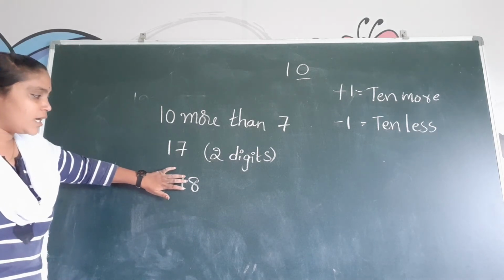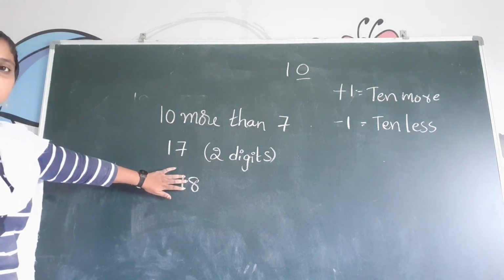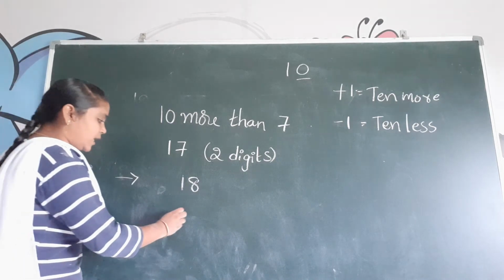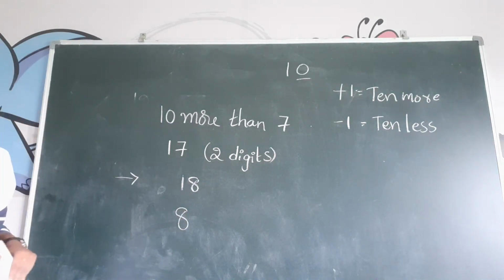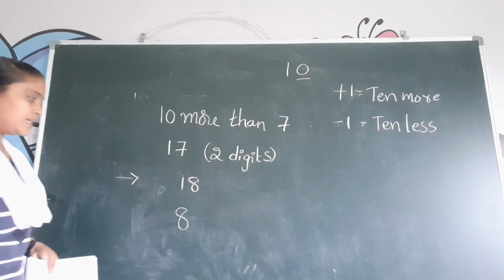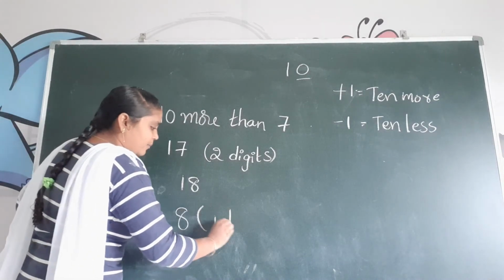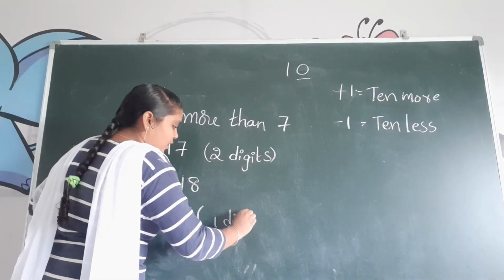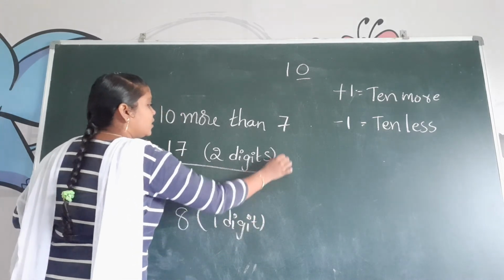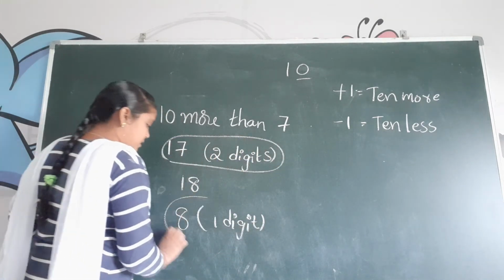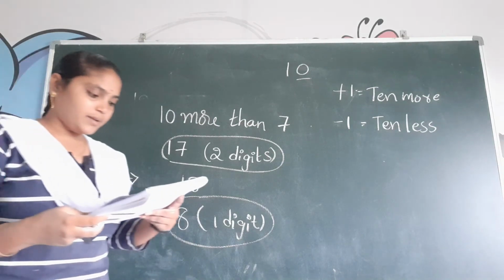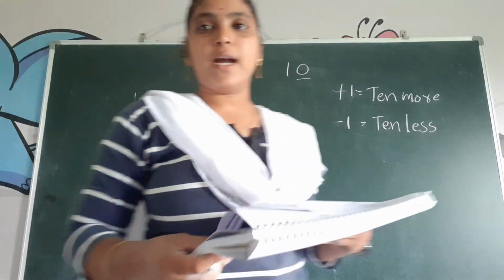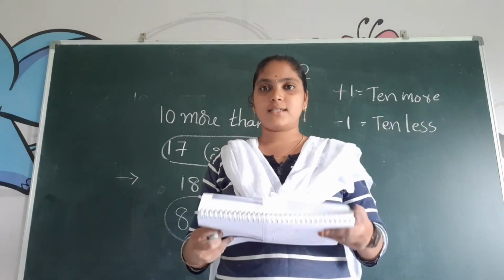If you remove 1 from the tens place, what is remaining here? 8. So 8 is the 10 less number of 18. How many digits are there? Only 1 digit. In the first line you have to write this, and in the second line you have to write this one, children. So like this we have to find 10 more and 10 less numbers.